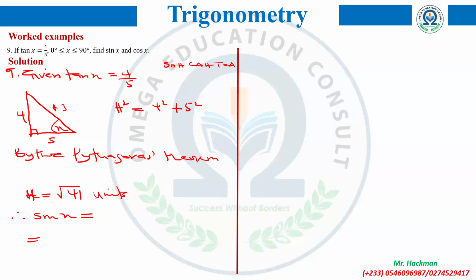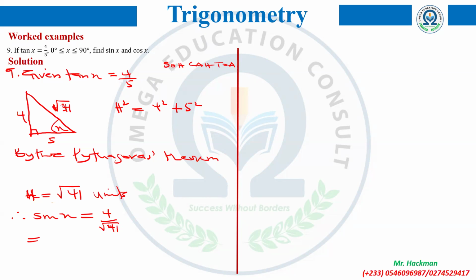Yes, please. So it means sine x will be equal to what? So this is now root of 41, not 3. Take note. Sine x will be equal to, we said sine is opposite over hypotenuse. Our opposite is 4 and the hypotenuse is root of 41, and root of 41 is already in its basic form. At this point, you cannot conclude with this. You don't conclude with a fraction containing a surd in the denominator.